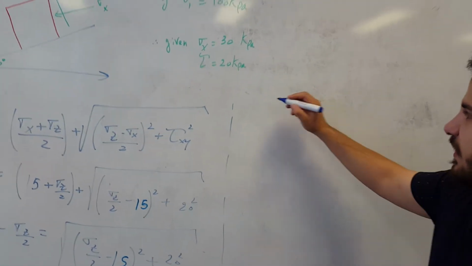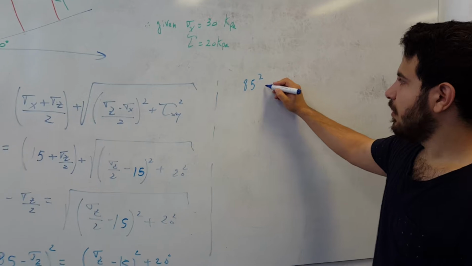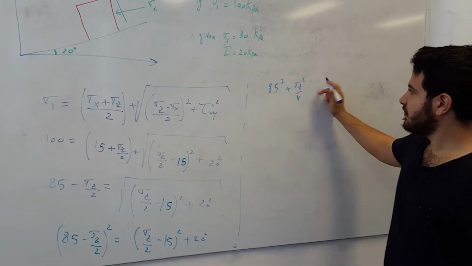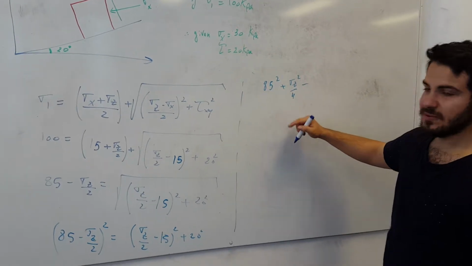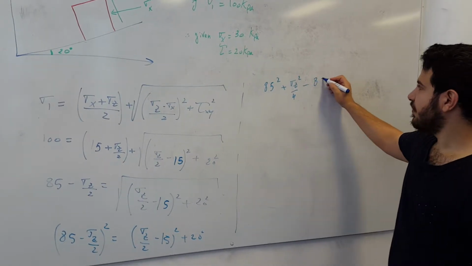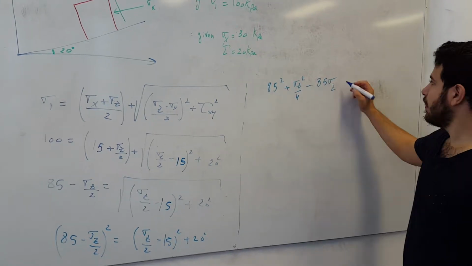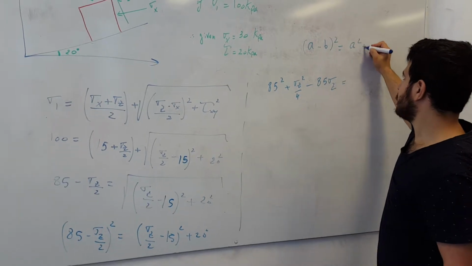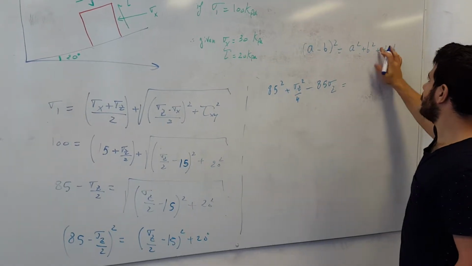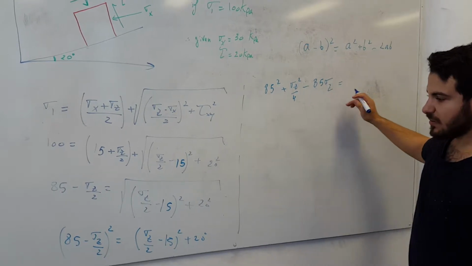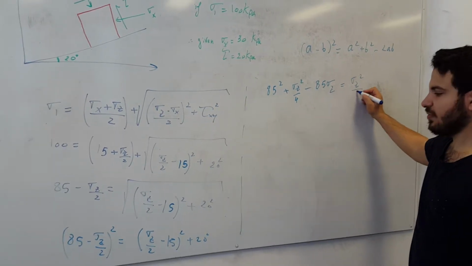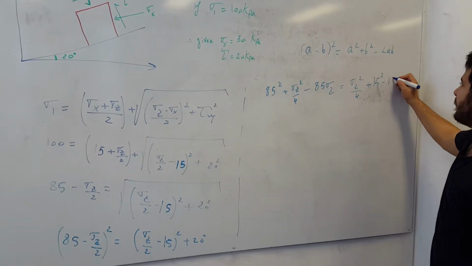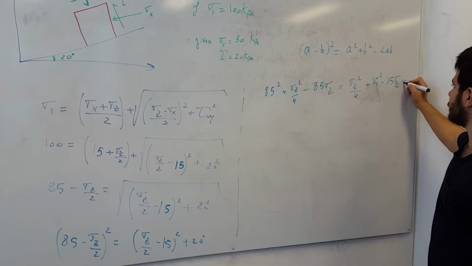So what we have is 85 squared plus sigma z squared over 4 minus 85 times sigma z over 2 times 2, that would be 85 sigma z, right, because (a minus b) squared, that's equal to sigma z squared over 4 plus 15 squared minus 15 sigma z plus 20 squared.